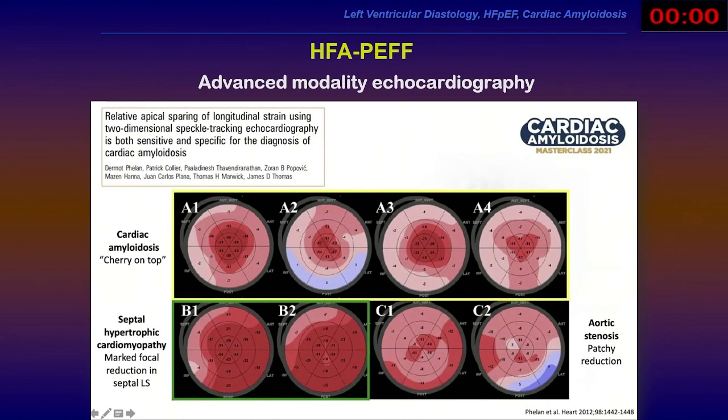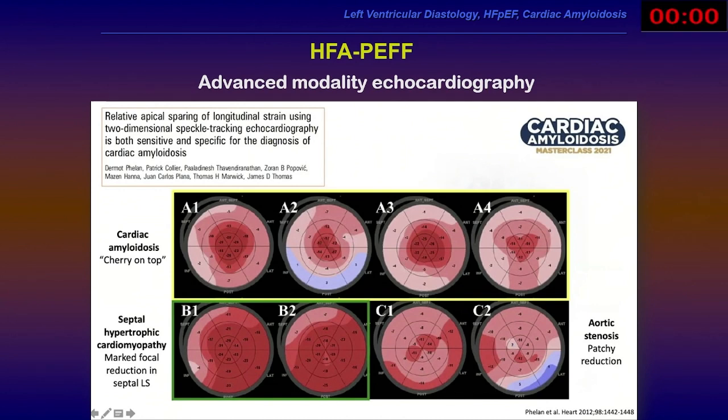So if we perform the pulse-eye illustration of the strain, you can see here 3 types of patients: cardiac amyloidosis, referred to as A, hypertrophic cardiomyopathy as B, and aortic stenosis as C. You can see only a single appearance for the cardiac amyloidosis, which is the apical sparing.